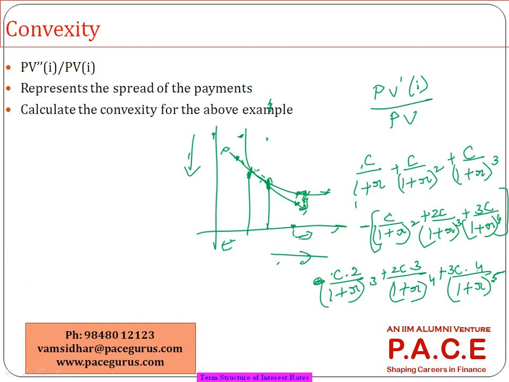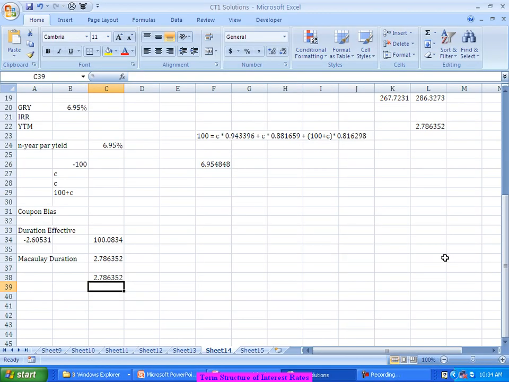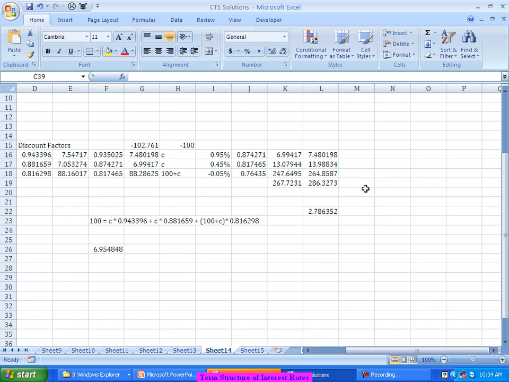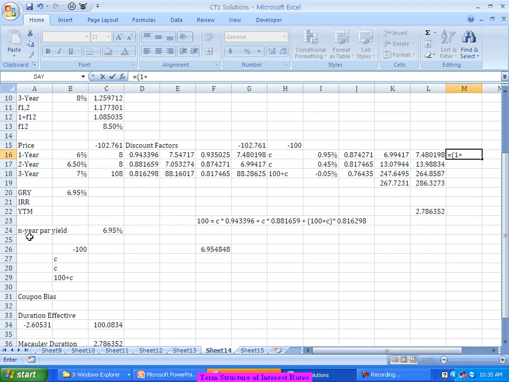So if I do the same logic, I have to find 1 plus R cubed and to the power 4 and to the power 5 as the 3-year discounting factors. Alright, let me do that. 1 by 1 plus R cubed.